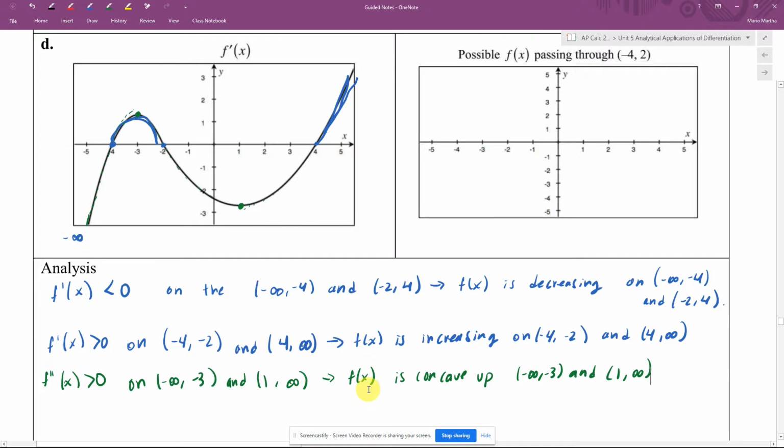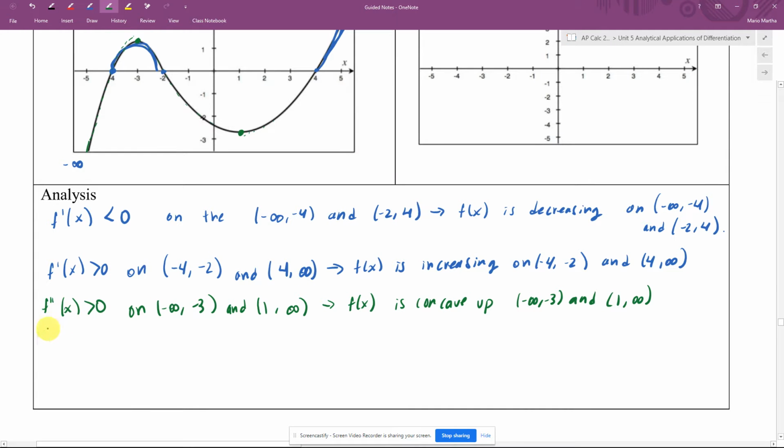And then we're going to look at the negative part about f double prime of x. So f double prime of x is less than 0 on, in this case, from negative 3, right? We start off here as negative, from negative 3 to positive 1. And that's it. There's nothing more.